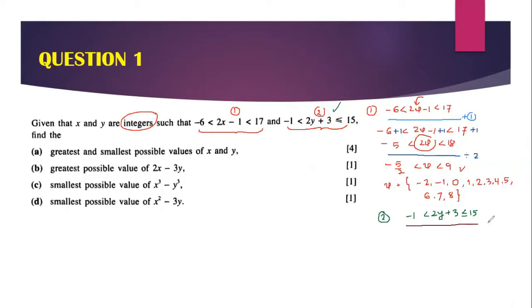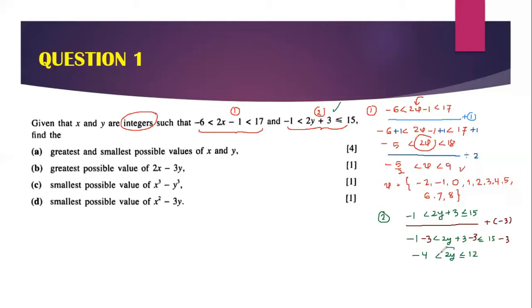Yes, by adding minus 3 to every term. So minus 1, 2y plus 3, 15, by adding minus 3 we put minus 3 on each. Now we have a new inequality: minus 4 less than 2y, less than or equal to 12.